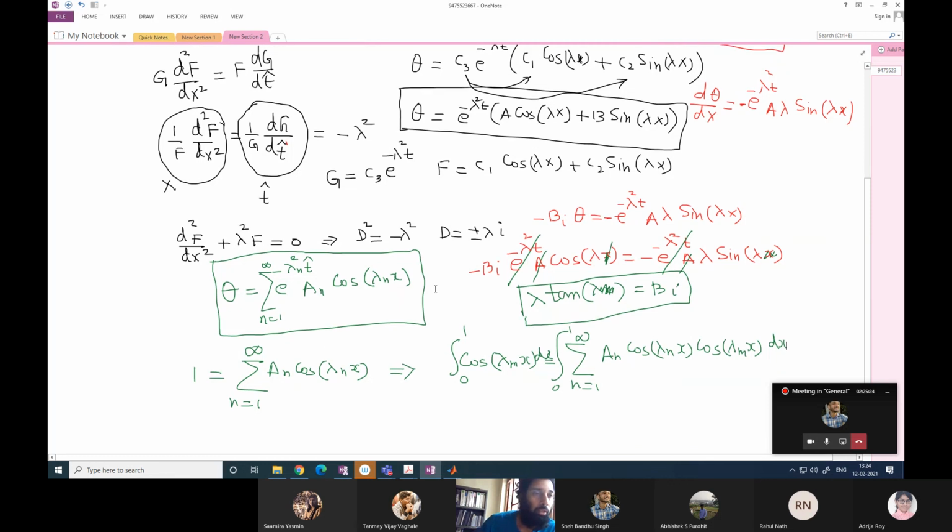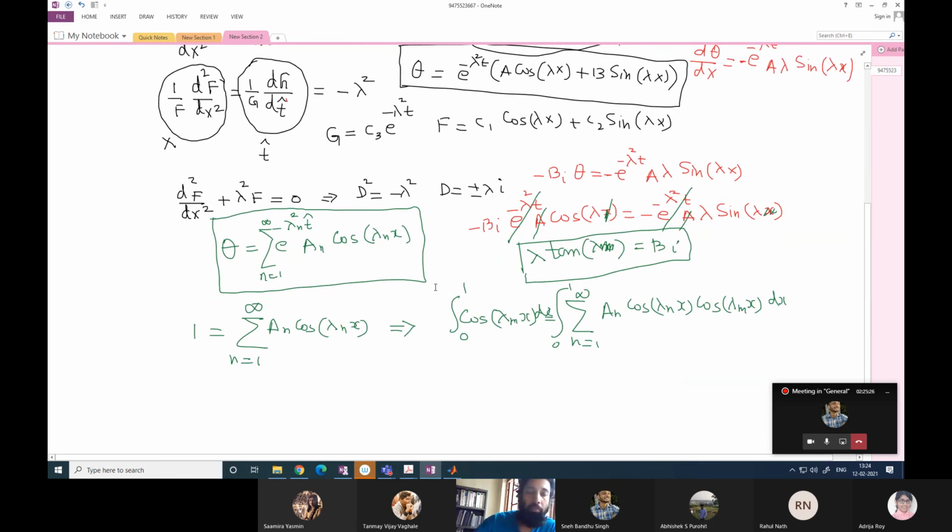So that will give us the integration from 0 to 1 of cos.